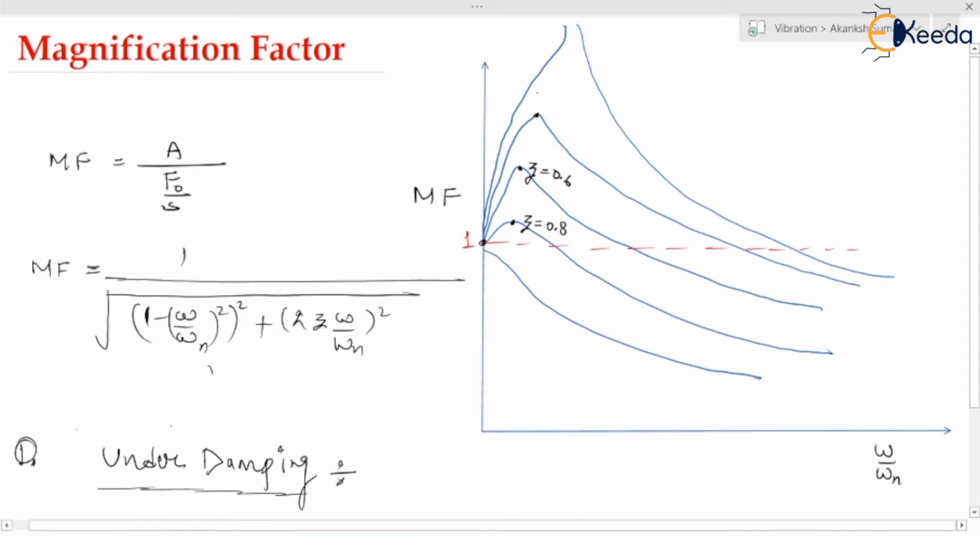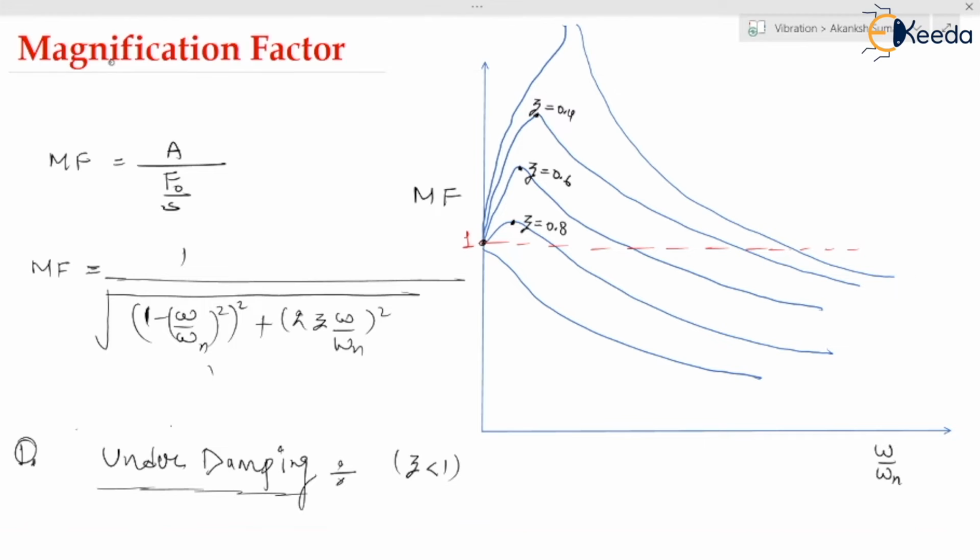What I am going to show you by these values is that when the value of zeta decreases, that means when under damping increases. Are you getting my point? Because in case of under damping, zeta is less than 1. We all know that. So when there is a decrease in the value of damping ratio zeta, that means under damping increases.